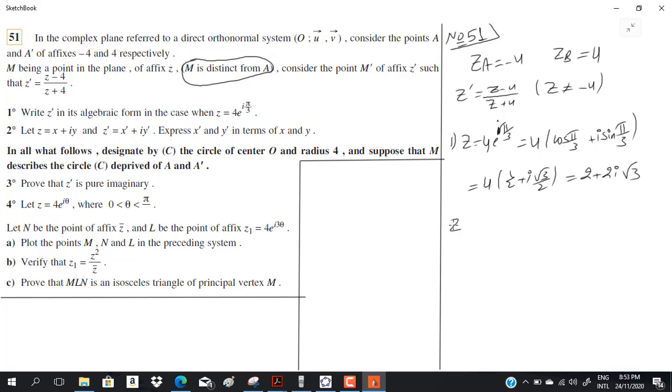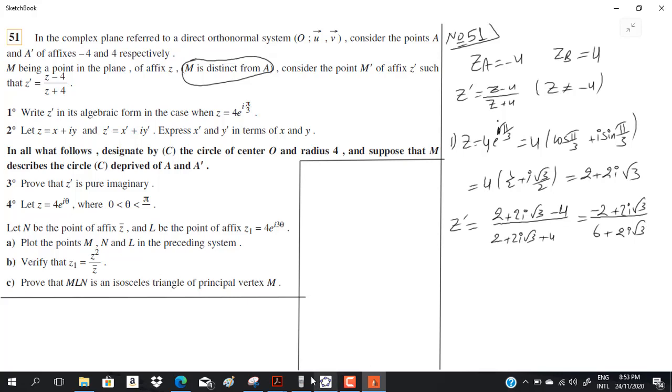In this case, z prime equal 2 plus 2I radical 3 minus 4 over 2 plus 2I radical 3 plus 4, and it's equal -2 plus 2I radical 3 over 6 plus 2I radical 3.